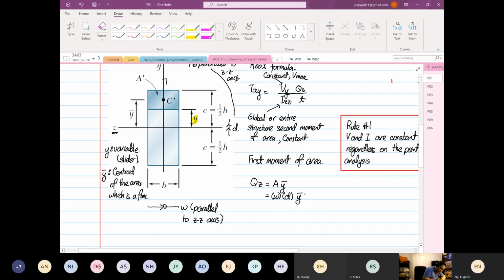So if y shifts, y bar will also shift. It's the centroid of the area of interest, and the area of interest is the shaded part. So A prime is our defined area.